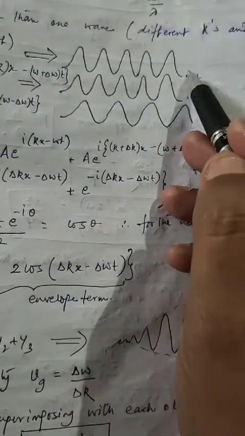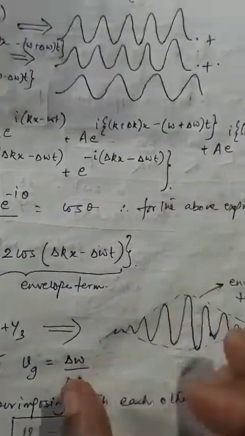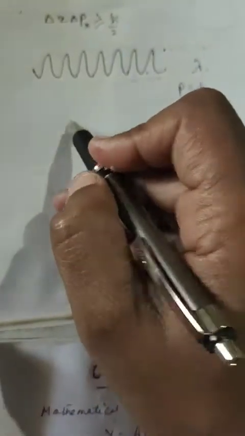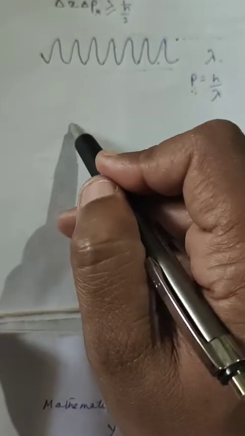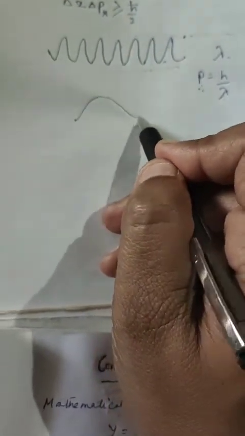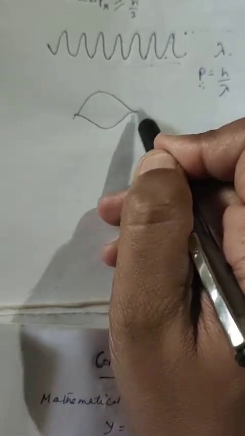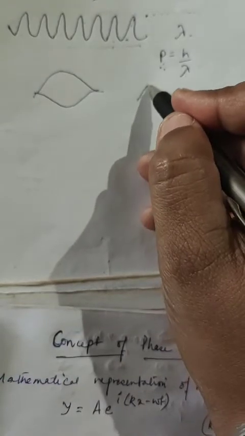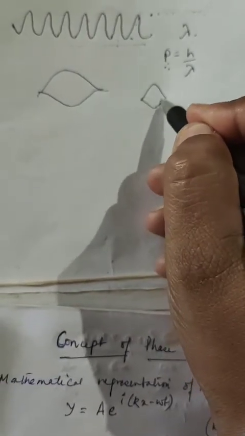Please understand, if you add more and more waves, this wave packet is going to become more and more localized. So let's say if you add 100 waves, the wave packet is going to look like this. And if you add, let us say, 1000 waves, the wave packet is going to look like this.